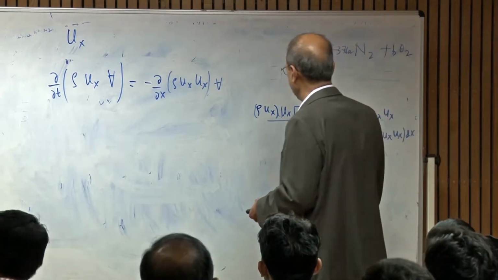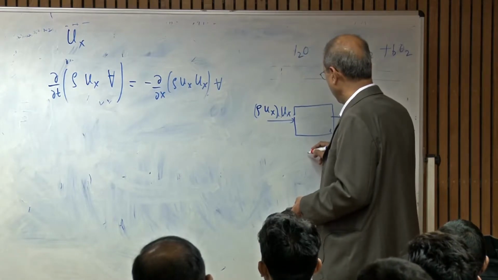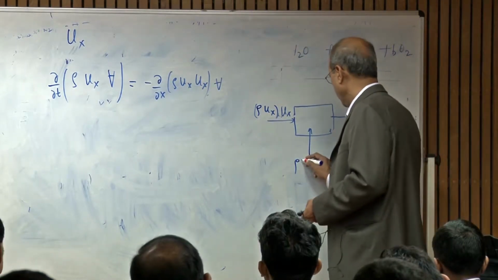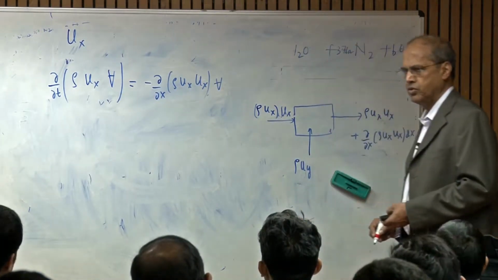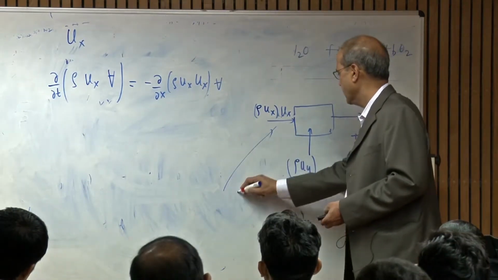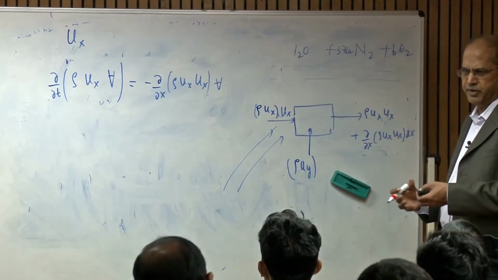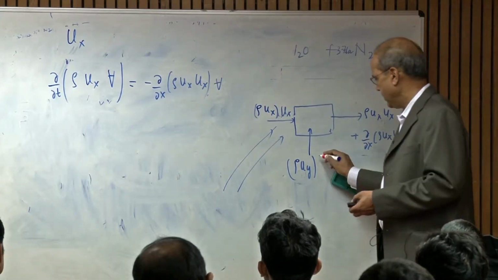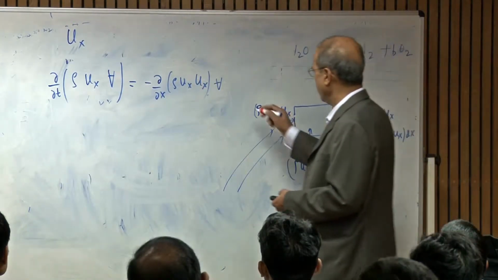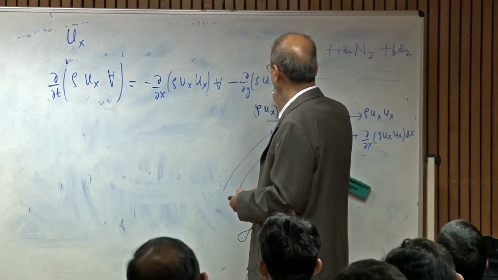Okay, what else? Now, there is a mass flow in this direction also, correct? So that mass flow is rho uy. Now, since we are considering a flow like this, the flow has two components or three components depending on the case, right? So there is a momentum here in the x direction also. So if you consider this, that will be minus d dy of rho uy.